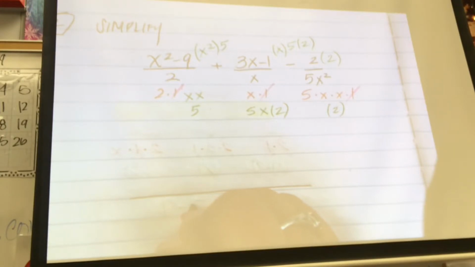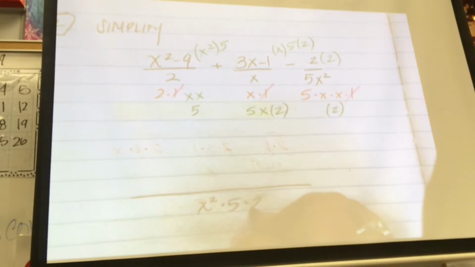What do they all have in common now? X squared. Good. They all have an x squared. What else? 5 at 2. Beautiful.